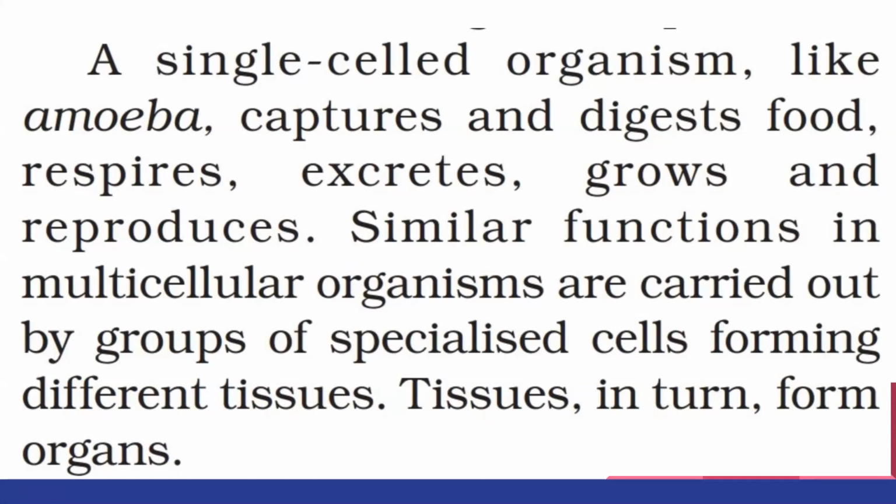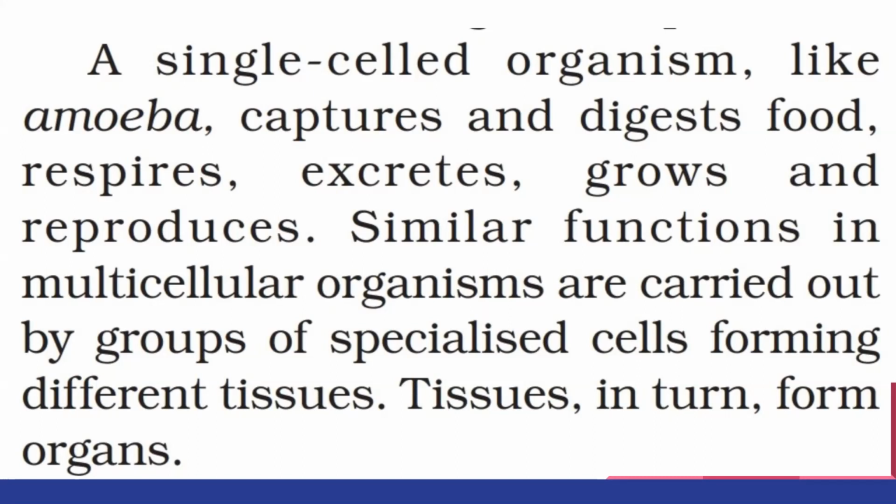So from what we can understand from this, even if these are single celled organisms, they capture food, means they take food. In 7th standard you have learned how amoeba captures food and digests it, with the pictures there. So it captures food, digests food, and it is doing respiration, it is doing excretion, and it is growing and reproduces.